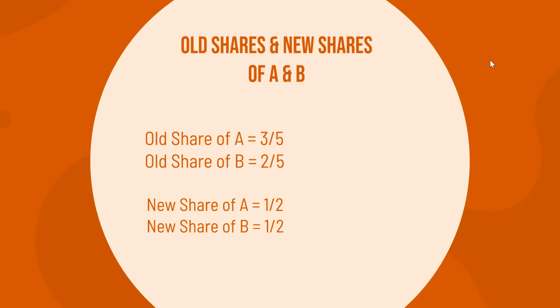As far as the new share of A and the new share of B is concerned, both is half because their new profit sharing ratio was 1:1, and therefore the new share is 1/2 for A as also 1/2 for B.